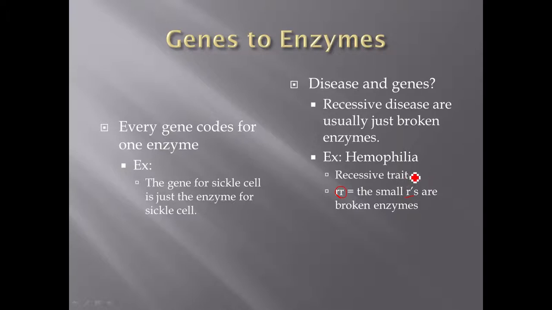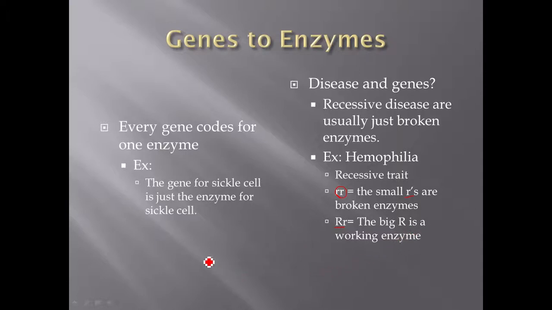In this case, since hemophilia is a disease and it hurts you, the small r is a broken enzyme. Which is why, if you have a big R, the dominant trait, you're okay, because the big R is a working enzyme.